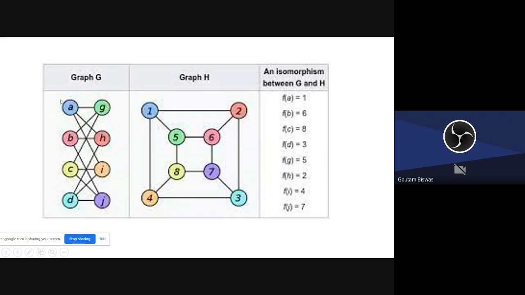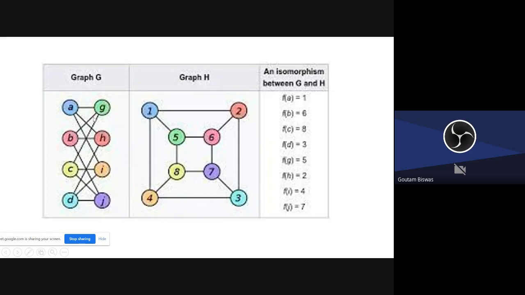Suppose f of A goes to 1, and A is connected to G, H and I. See here, A goes to 1. Then f of B goes to 6. Okay. f of C goes to 8. f of D goes to 3.